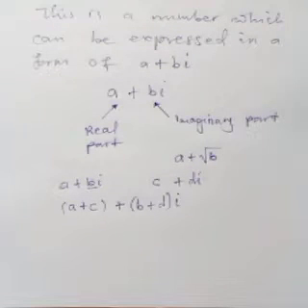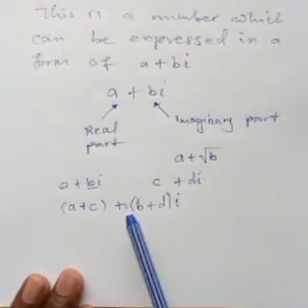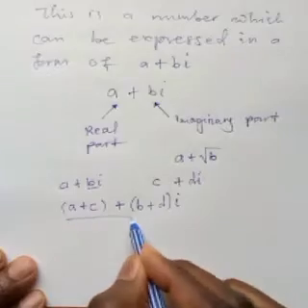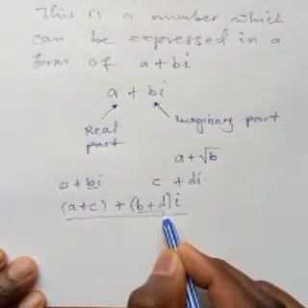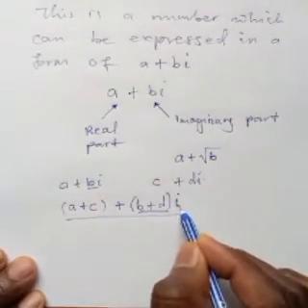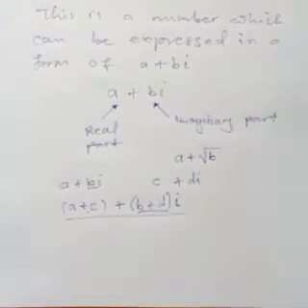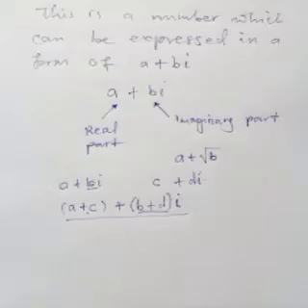Meaning that if you are adding two complex numbers, you also have an answer which is going to be a complex number. The answer is going to carry i, which is the imaginary part. Also, it is going to have a real part, just like that.